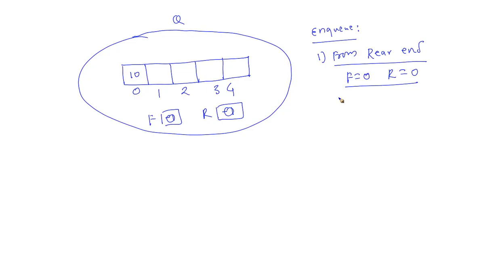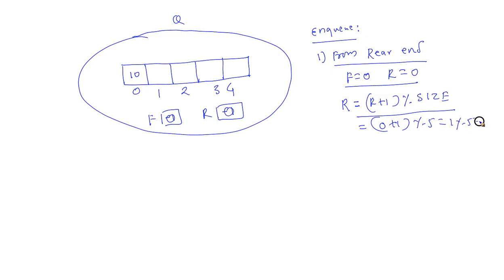Now for subsequent NQ operations, we increment R. This is a circular queue, so we are using circular movement for front and rear. R is equal to (R plus 1) mod size, which is the formula for giving circular movement to R. If R is 0, then 0 plus 1 mod 5 is 1 mod 5, which is equal to 1.